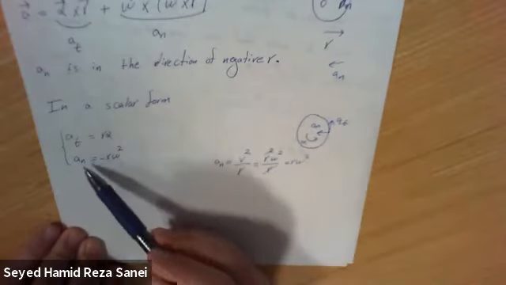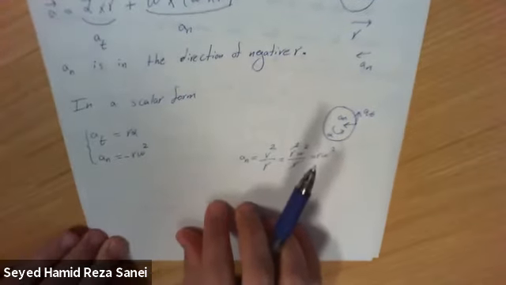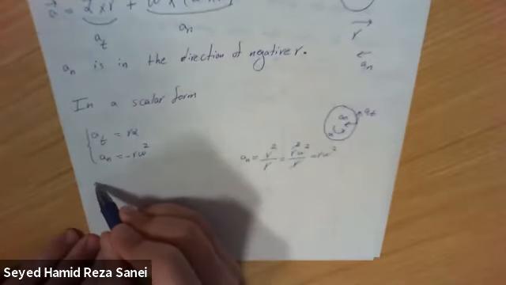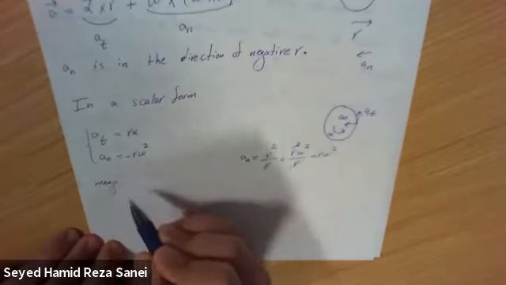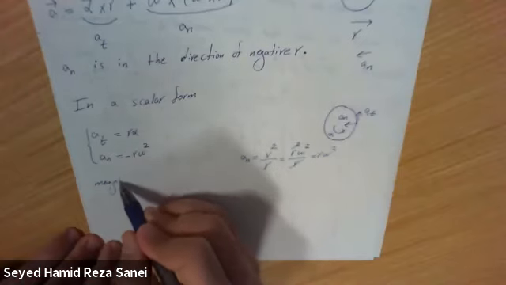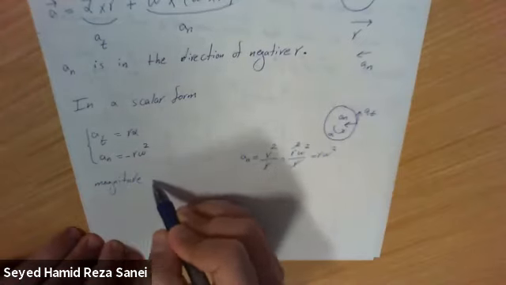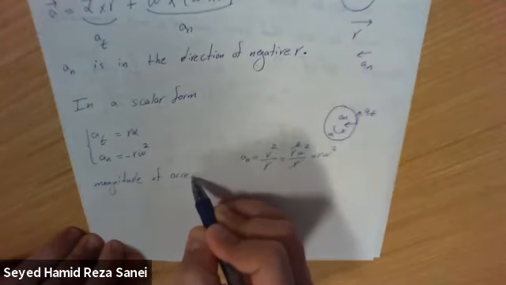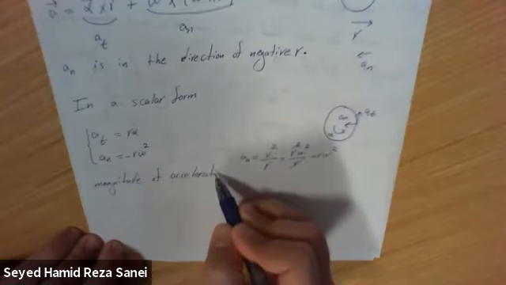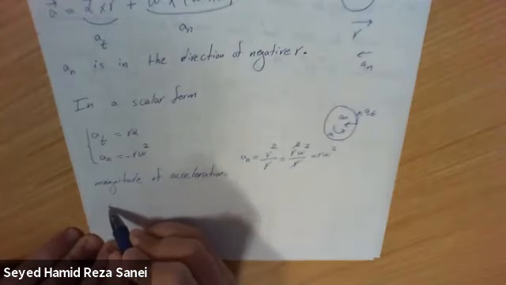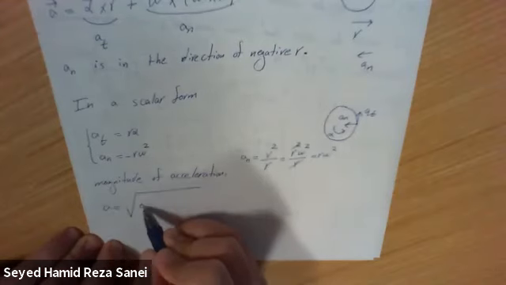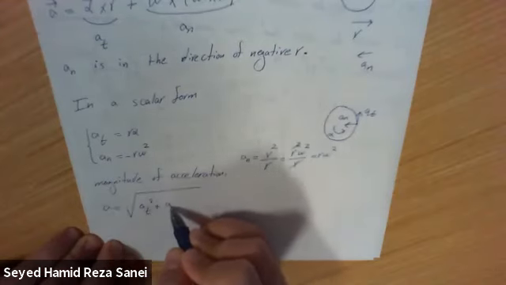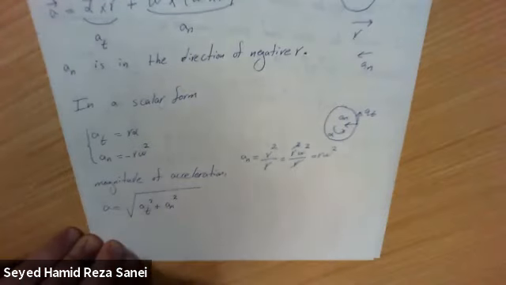Because we have two components of acceleration, we can also find the magnitude of acceleration. The two components are perpendicular to each other, so finding the magnitude is easy. The magnitude of acceleration is the square root of AT squared plus AN squared.